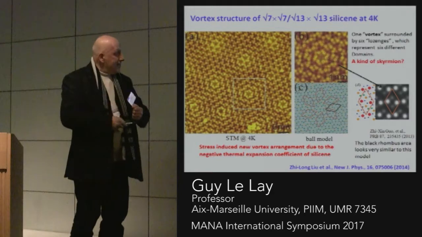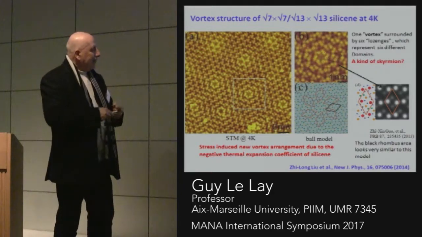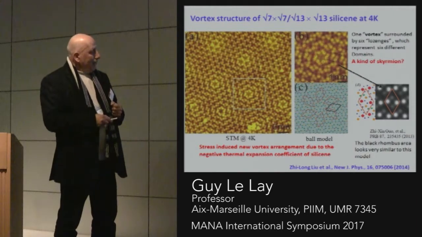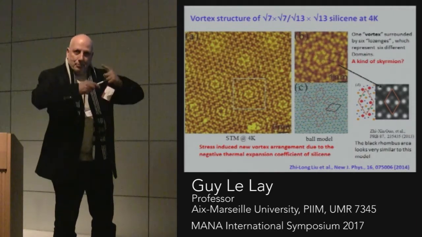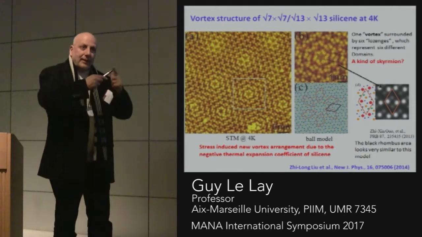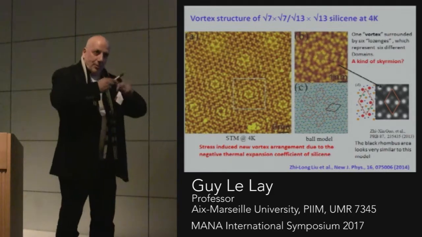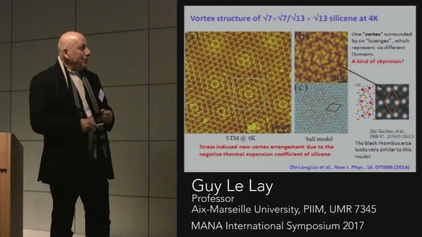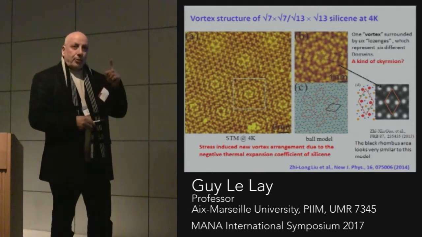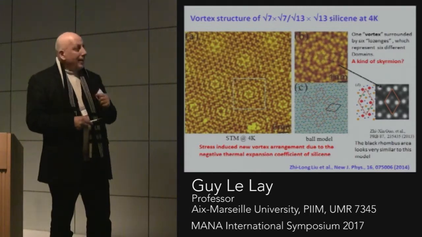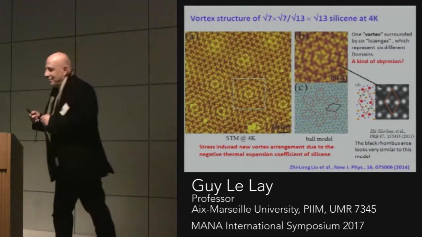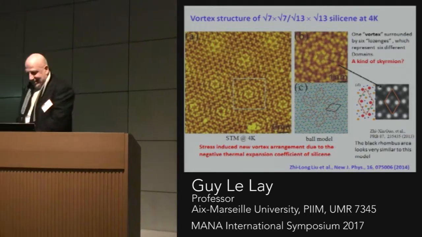So this is stress, creating those vortex-like structures, and in principle, you see the buckling is preserved, but it's changed. This is the flexibility of silicene due to the buckling. And this, in principle, from theory, should support some magnetic moments. Then you could figure out that this is a kind of skyrmion, but this should be calculated.